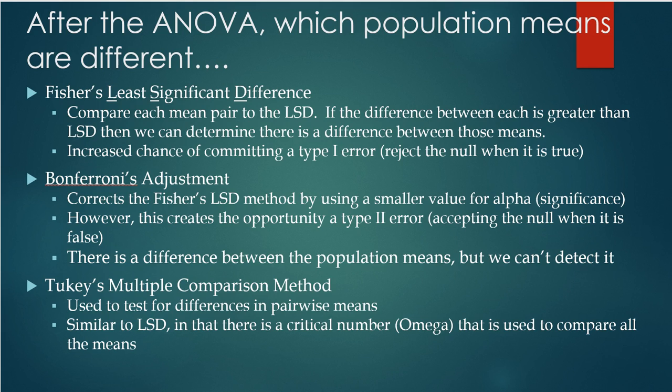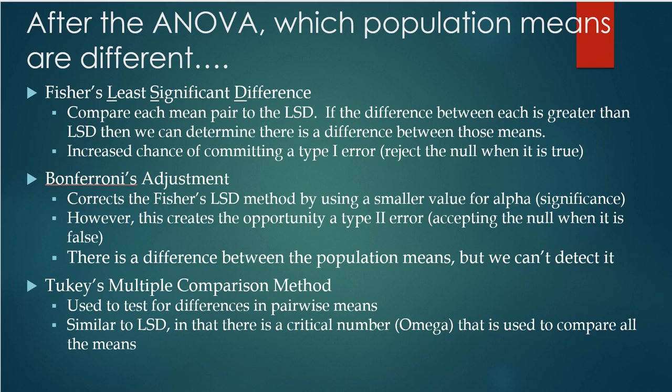So in order to address this, Fisher developed the least significant difference test, which is only used when we reject the null hypothesis as a result of our hypothesis test. The least significant difference calculates the smallest significant difference between two means, as if a test had been run on only those two means, as opposed to the entire group.